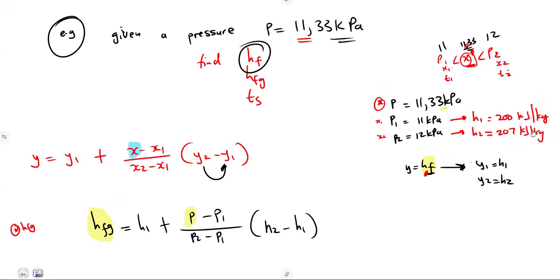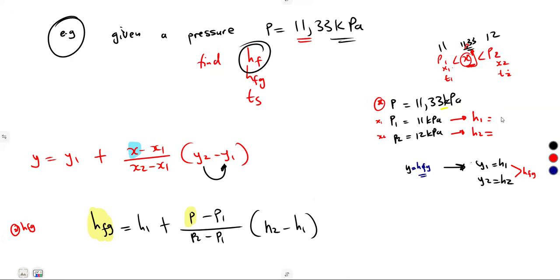So this H1 and H2 are going to be taken from HFG, since Y is representing HFG this time. So Y1, which is your H1, and Y2, which is your H2, are HFG.